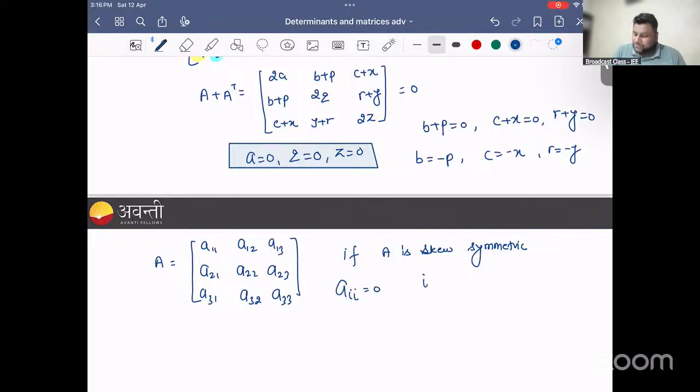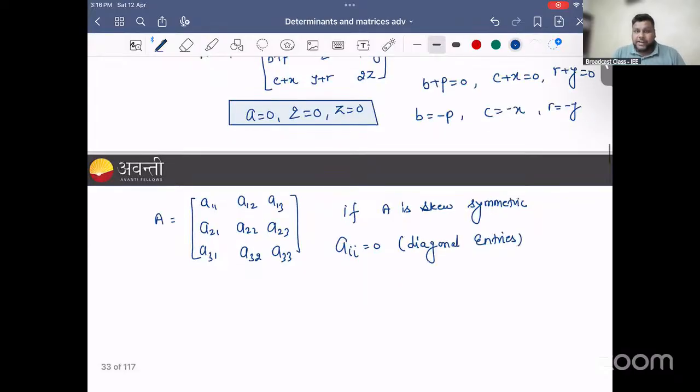Aii should be 0. Aii means diagonal entries. Diagonal entries should be 0. Abhishek, understanding? And Aij plus Aji should also be 0. Second condition.